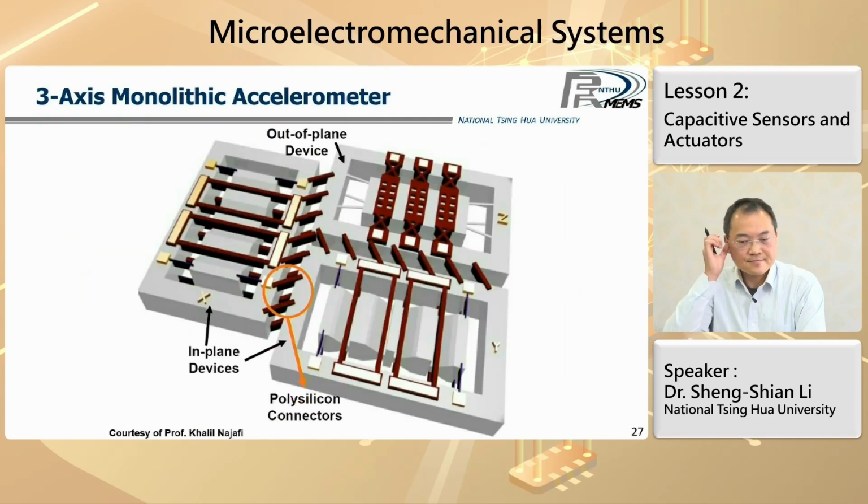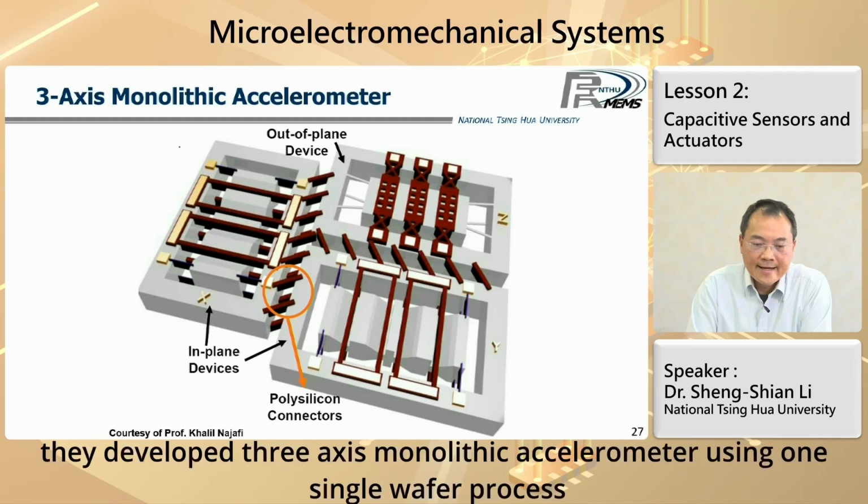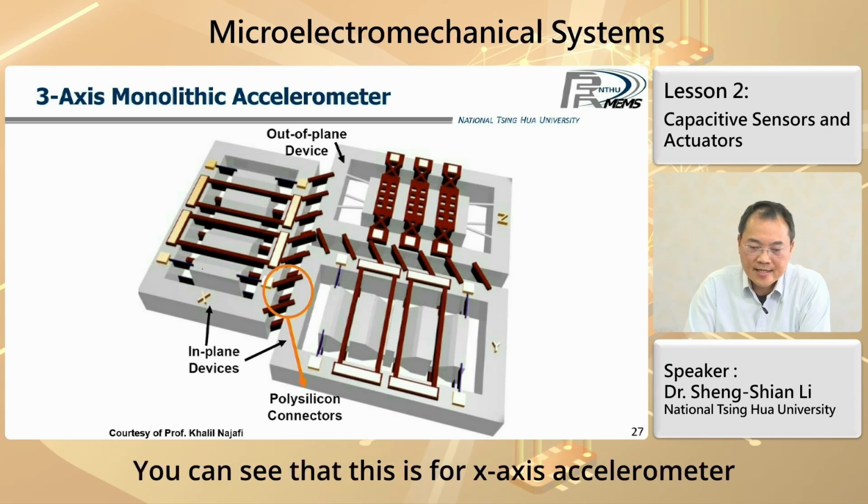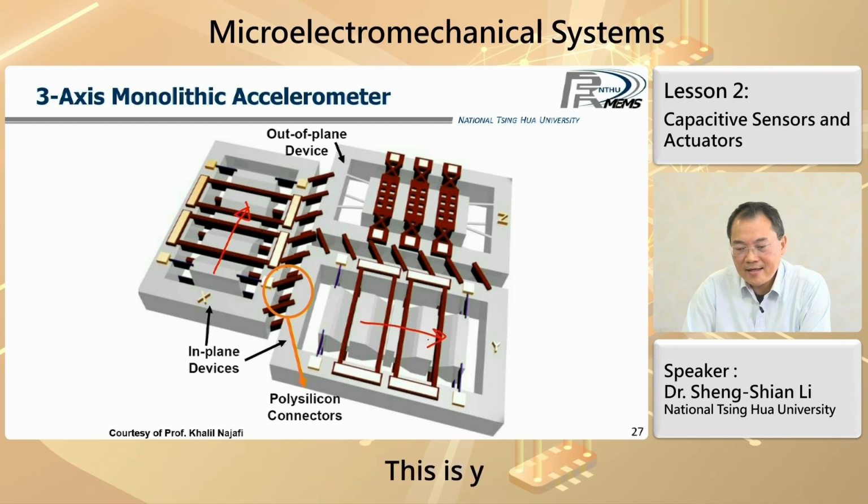accelerometer families. So in Michigan, they developed a 3-axis monolithic accelerometer using one single wafer process. You can see that this is the x-axis accelerometer, this is y, and this is z. Okay? They are all aligned well in one wafer.